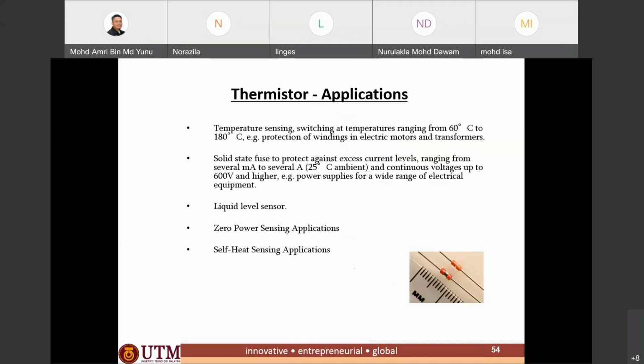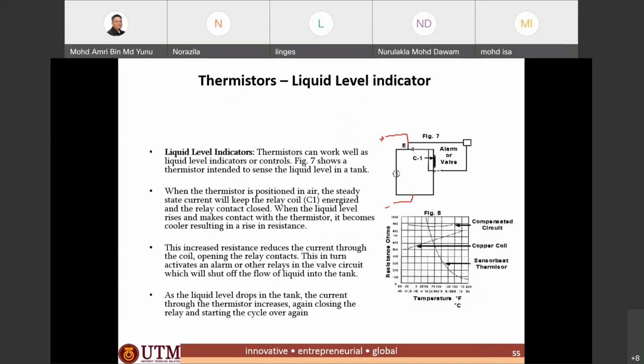Application, I think I have shown before. This is another application where the thermistor is used as a level indicator, whereby this thermistor is in parallel with the alarm circuit. The alarm circuit basically has a solenoid which controls the alarm, basically a relay that controls the contact, whether set off or set on.